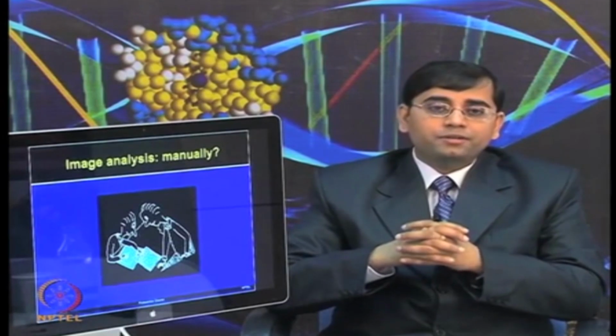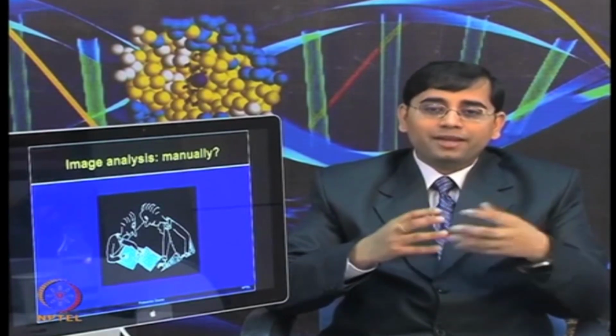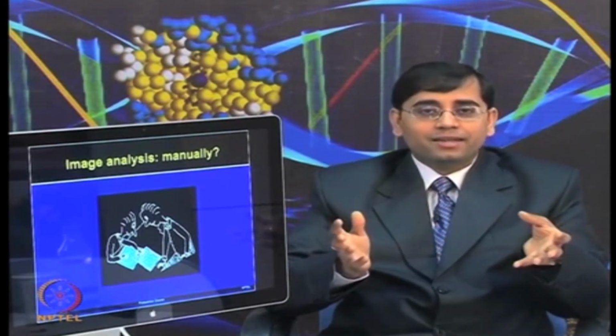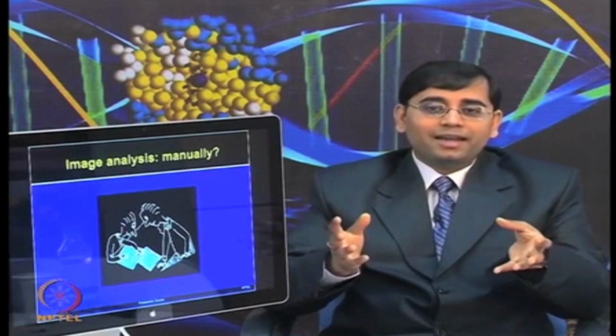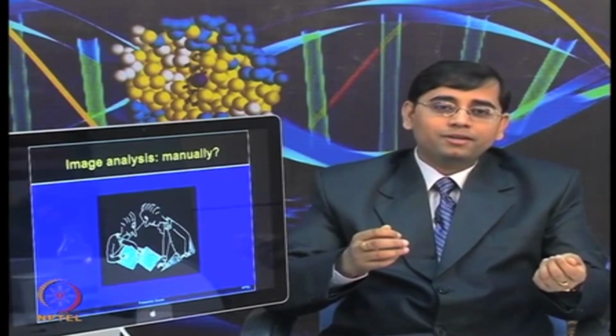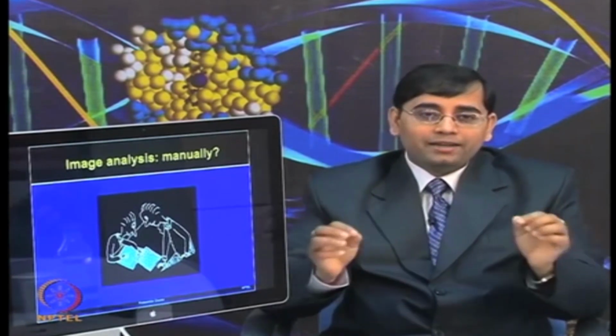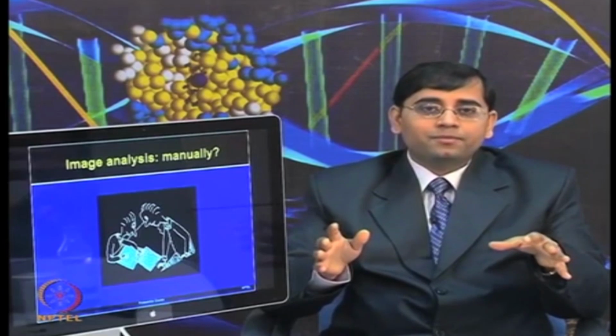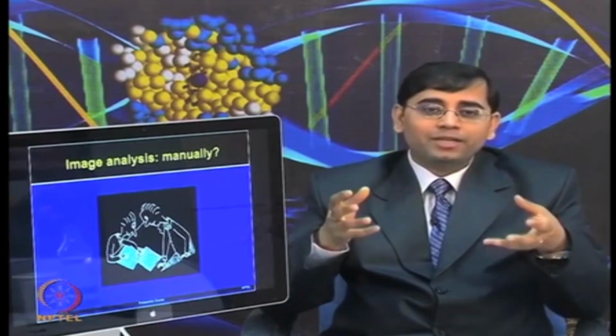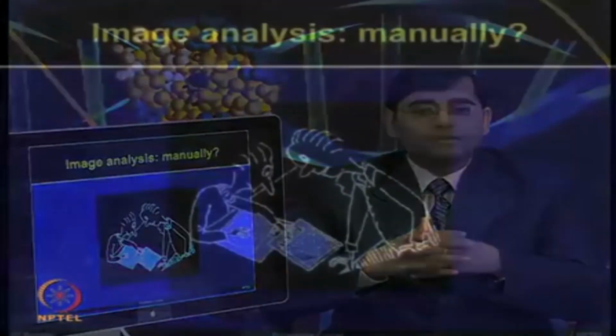Do you want to do things manually? Can you take your gel patterns and sit two of you together and say, okay, this is my protein in control, this is your protein in treatment. Now, I am going to look at each spot manually and size the spot based on this comparison.